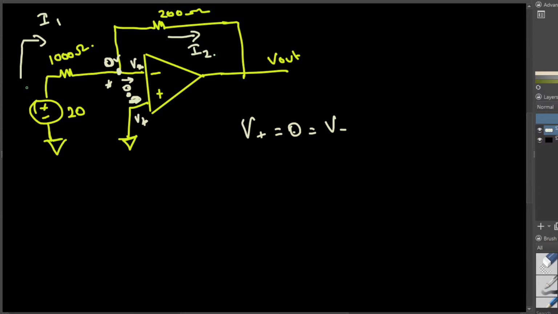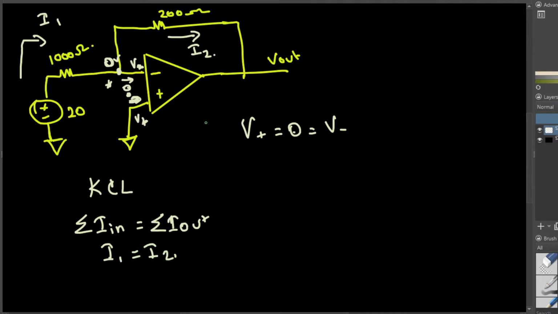Whatever current flows into this node should be the current exiting this node. KCL says the summation of current in is equal to the summation of current out. So I1 must be equal to I2 because there's no current flow in the input of the op-amp. So I1 is equal to I2.